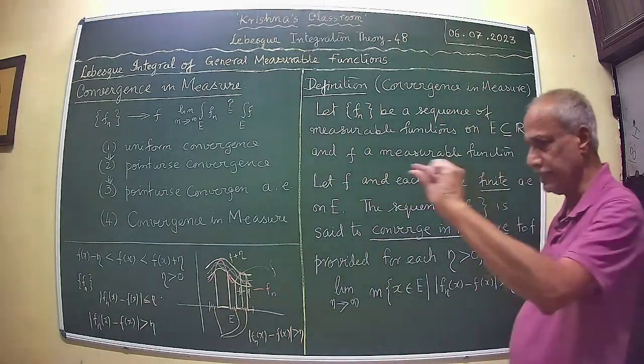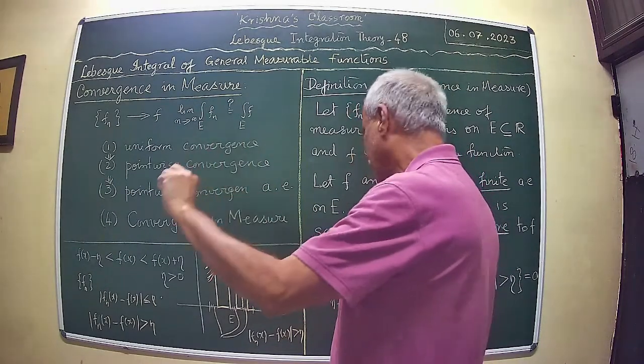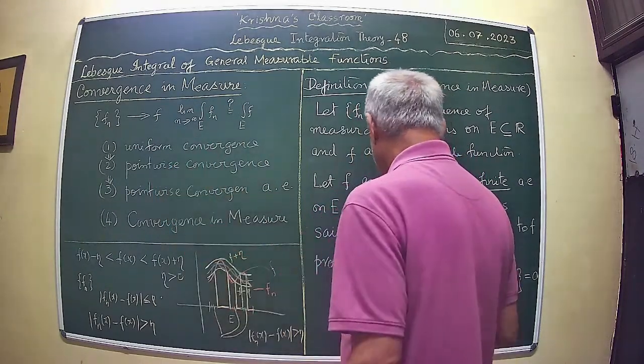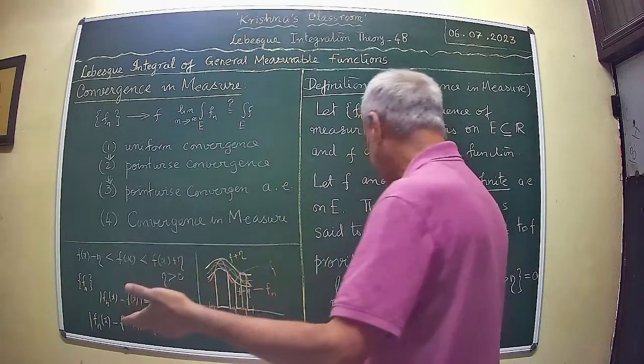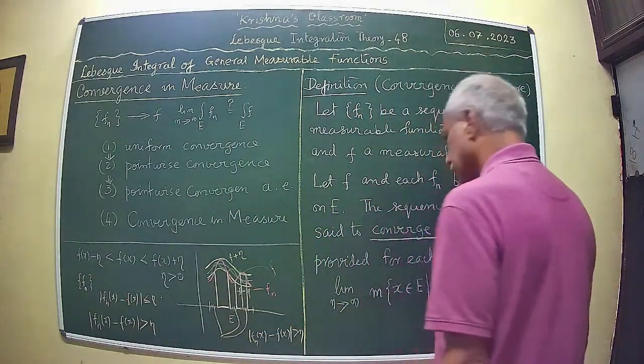So you fix an eta, then for that eta positive, you look at the set of all x belonging to E for which |Fn(x) minus F(x)| is greater than eta.